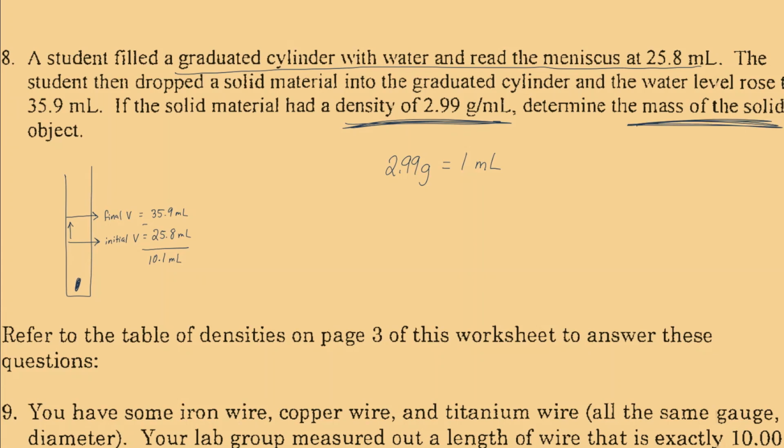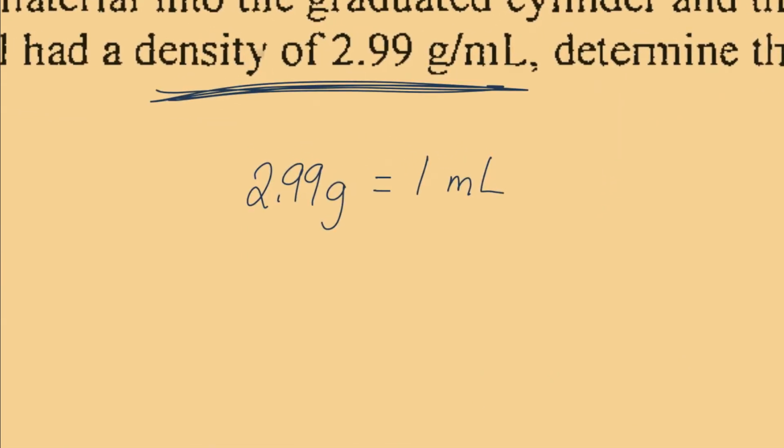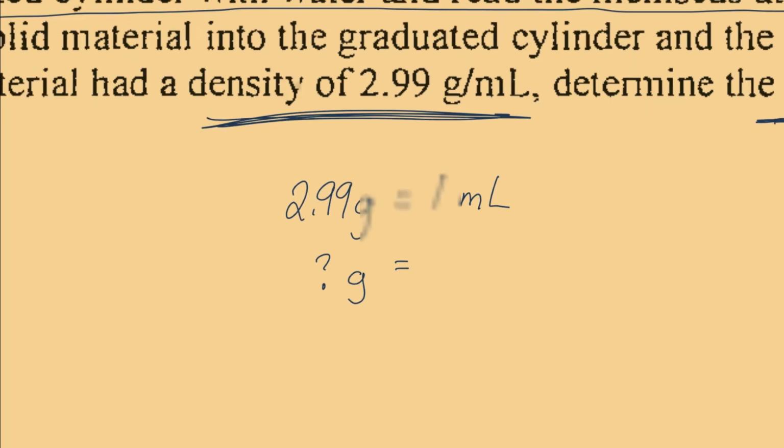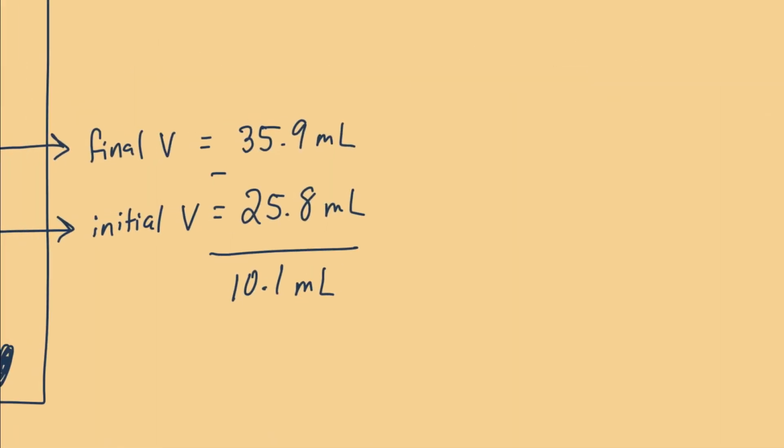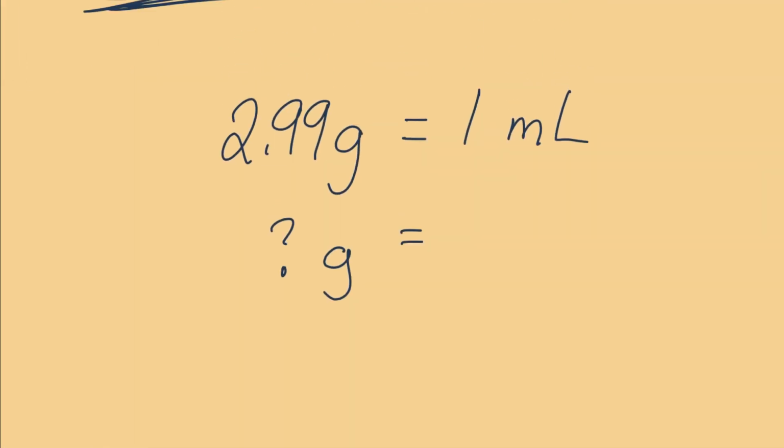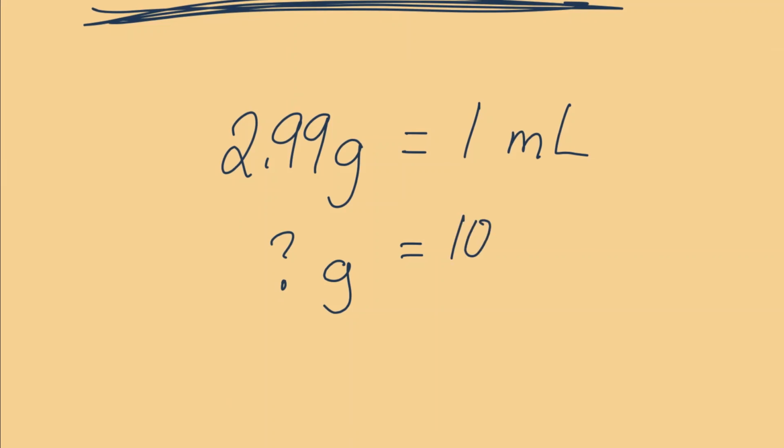We know the density in this case. We're trying to figure out the mass. So I'm going to line up the G under my other G. We know the volume of this object. We just calculated it. It's 10.1 milliliters, right? So instead of having 1 milliliter, we have 10.1. Is 10.1 milliliters bigger than or smaller than 1? Obviously, it's bigger.